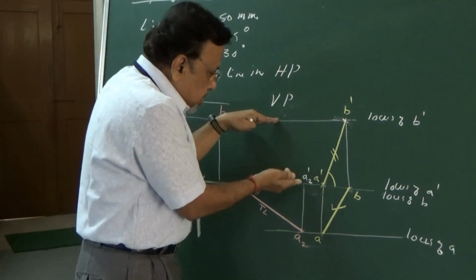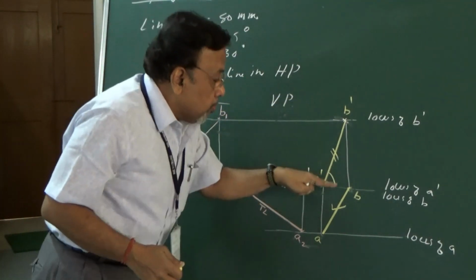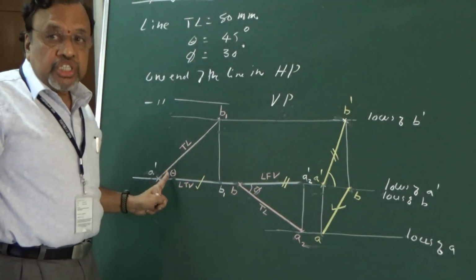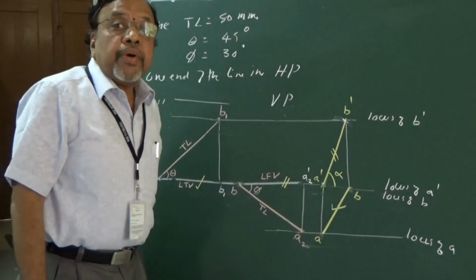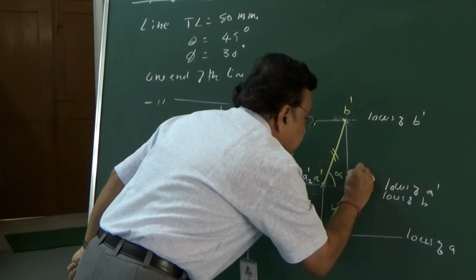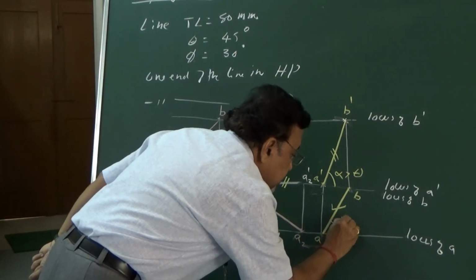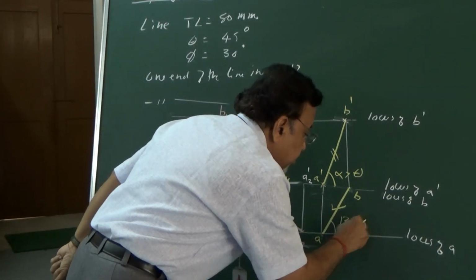Since with the same locus line this length is more, this length is less, what about this angle then? This angle has to be greater than theta. That is the reason we call this alpha, the apparent angle, because of the apparent length. So your alpha should be greater than theta. Similarly, if you measure this angle, it is beta, which should be greater than phi.